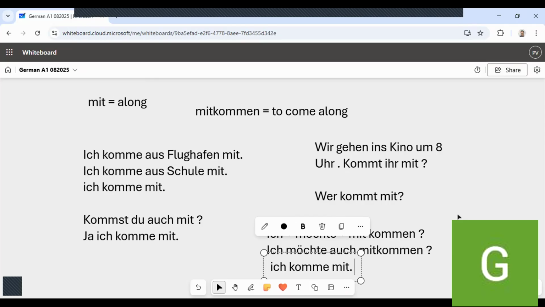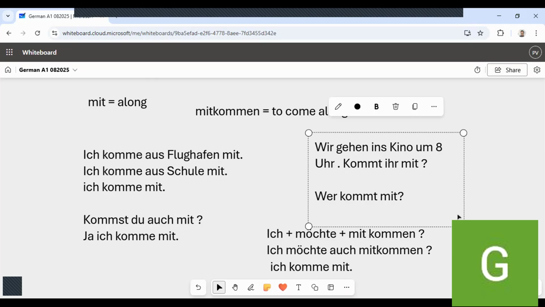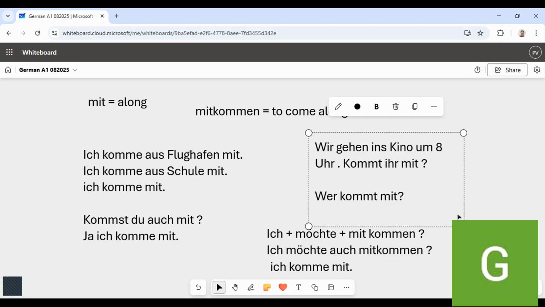But what I was trying to say is, what will happen if there is a modal verb in a sentence with a Trennbar verb? Suppose two brothers are going for a picnic, and their mother tells the third brother that you should also go along.